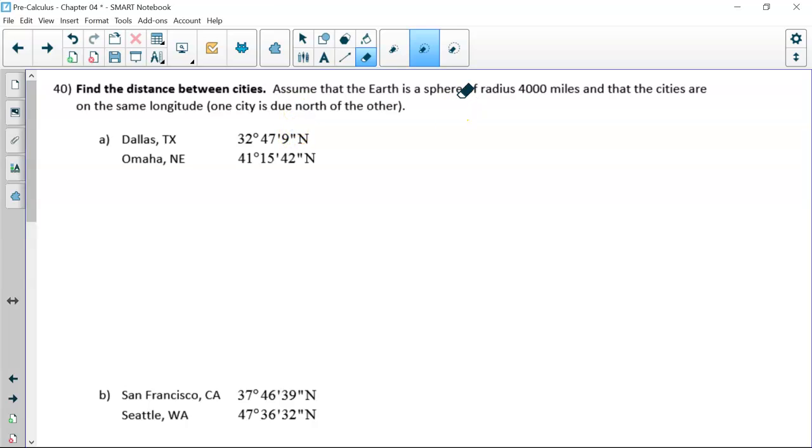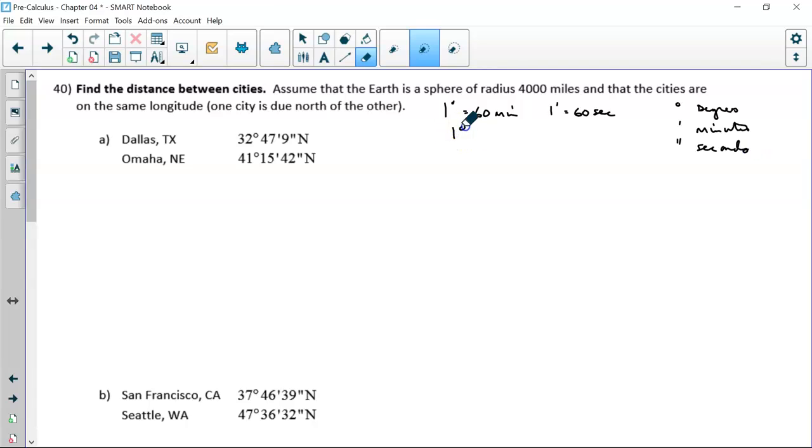So 1 degree, we call that 60 minutes when we're thinking about this location. And 1 minute, that's the notation for minute, is 60 seconds. So once again, degrees, minutes, and the 2 tick marks is seconds.